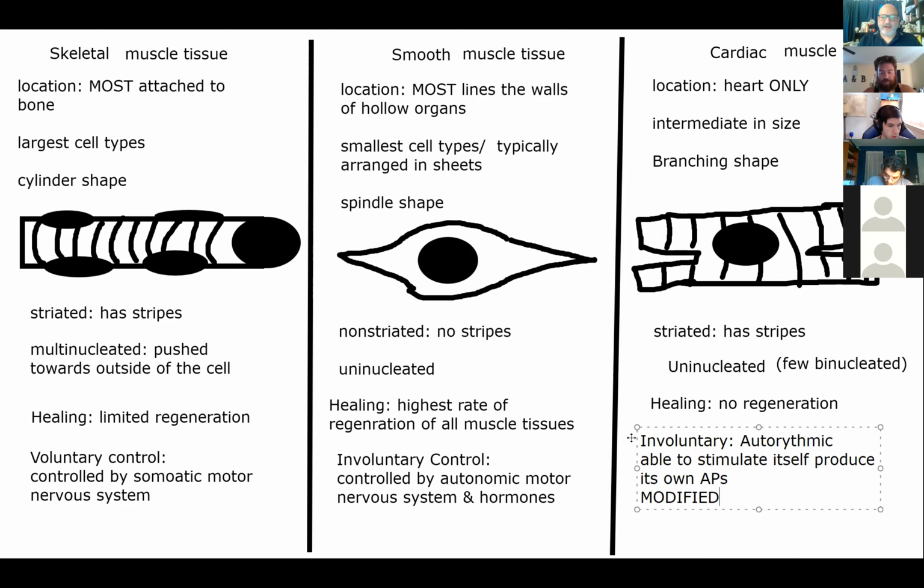So it can be modified by the autonomic nervous system and by hormones, but it actually is able to produce its own action potentials.